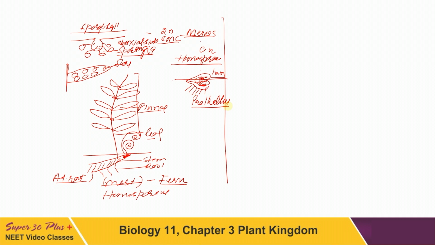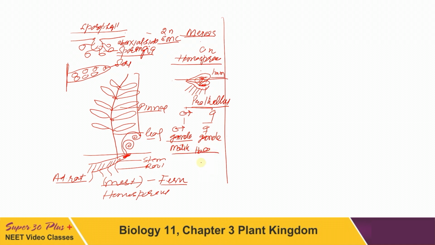Now this prothallus, as I told you, will have the so-called male and female sex organs. Here the male gamete will be formed, and here the female gamete will be formed, right? The male gamete is motile, therefore water is required.